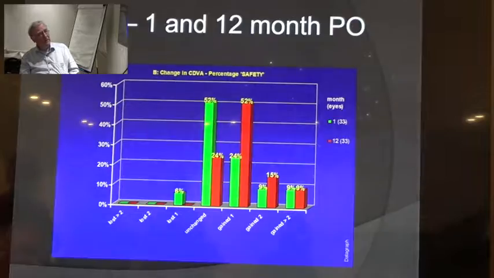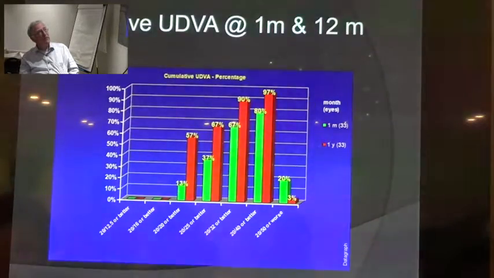The safety, the change of corrected distance visual acuity, you can see here unchanged after 12 months in 24% and gained one line after 1 year in 52%. The cumulative uncorrected distance visual acuity, from another point, comes to the same result. The results are growing up to 1 year.